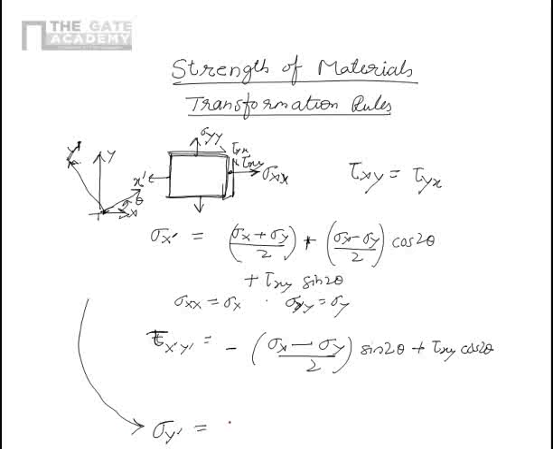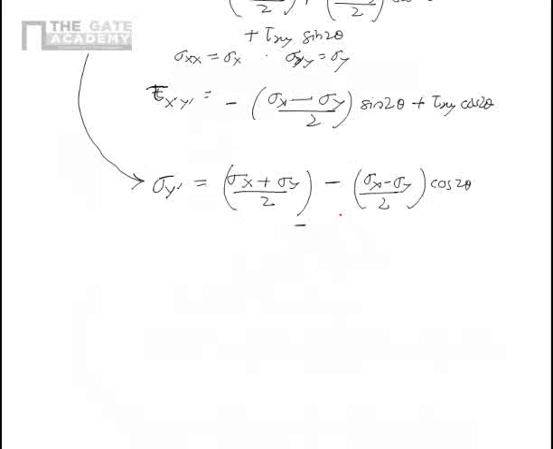That will be given by sigma x plus sigma y by 2 minus sigma x minus sigma y by 2 cos 2 theta minus tau xy sin 2 theta. This is the transformation rule for the y direction normal stress.